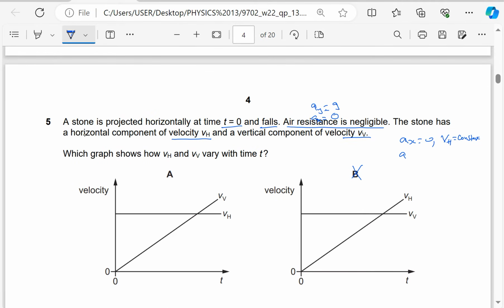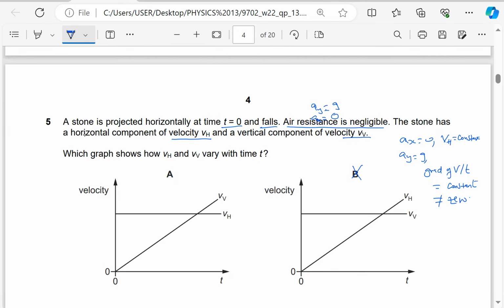Since the acceleration in the vertical is a constant, which is g, it means the gradient of velocity against time should be a constant and not 0.